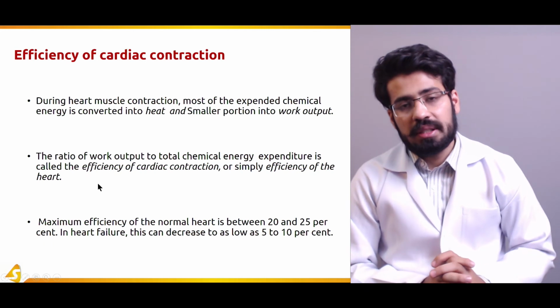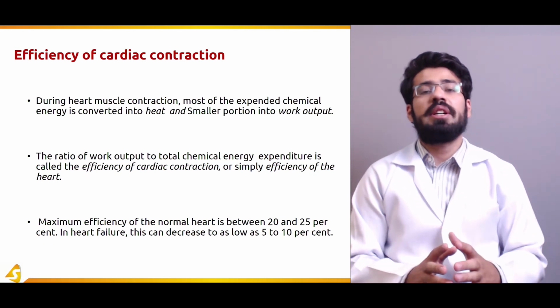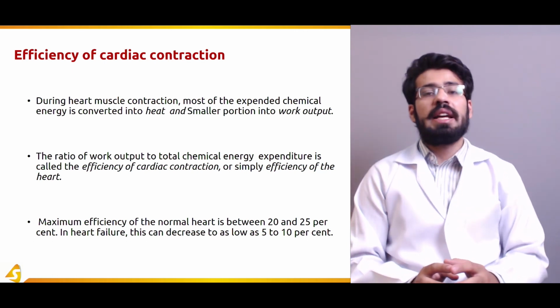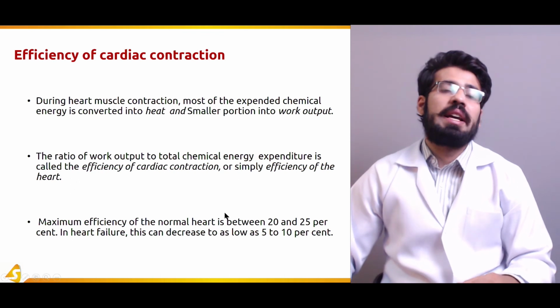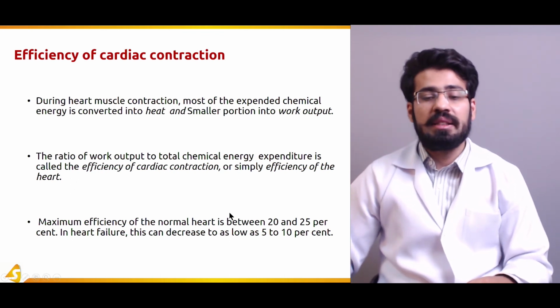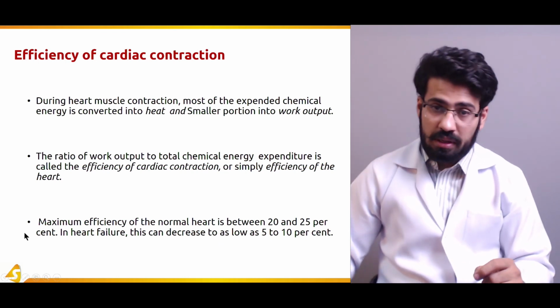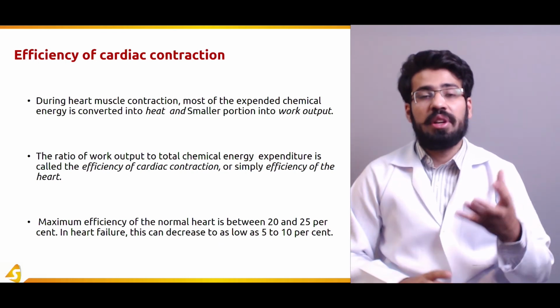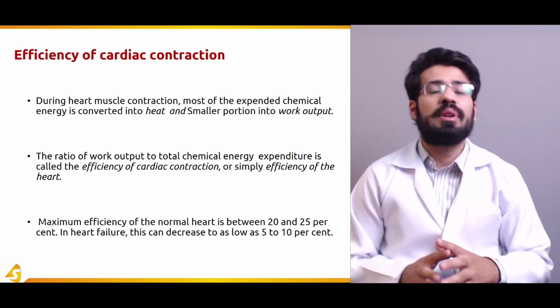Now, it's important to consider that not 100% of the chemical energy that is being converted is utilized in the work output, but the maximum efficiency of the normal heart that is seen is between 20 to 25%. What does it mean? It means that 20 to 25% of the chemical energy that is available is used for the work output.